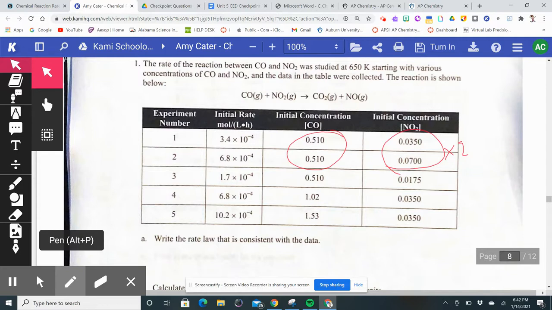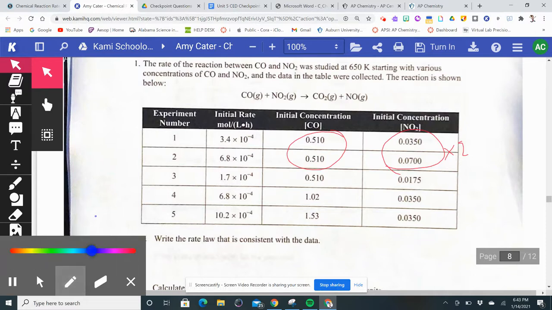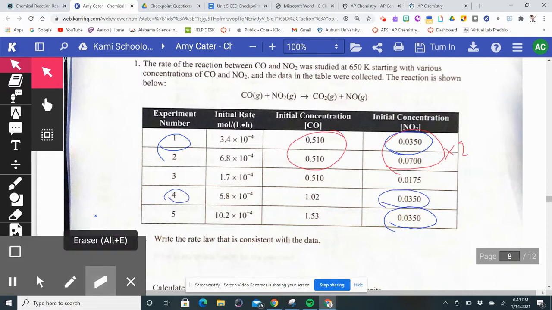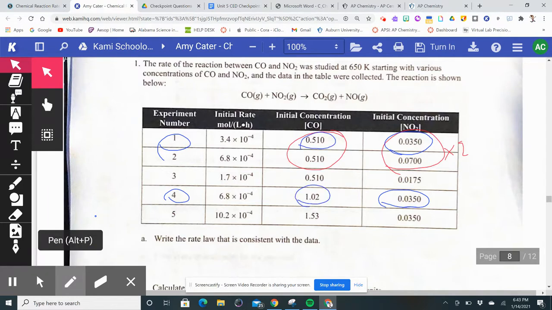And then in experiment 1 and 4, the concentration of NO2 is held constant. I'm going to change pen color so we can see. All right, so in experiment 1, NO2 is the same number, and in experiment 4, NO2 is the same number. So that's going to help us determine the rate law for the second reactant. The concentration of CO in those two experiments is doubled: 0.51 times 2 is 1.02.